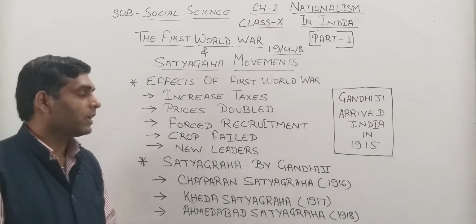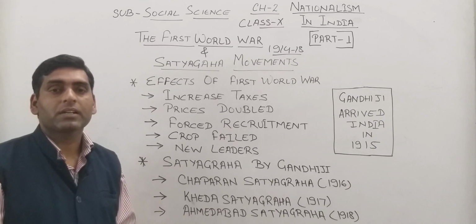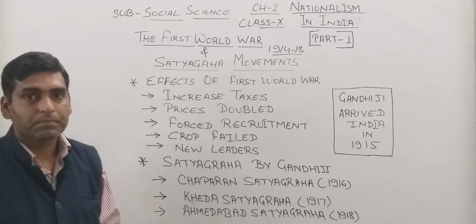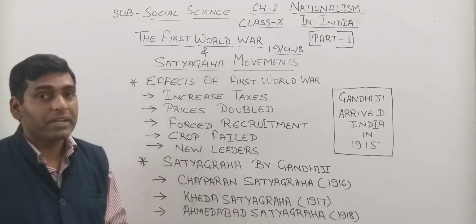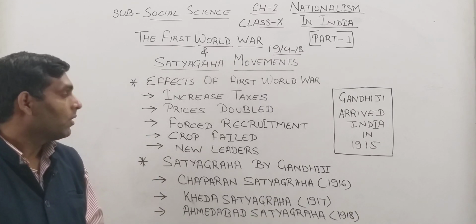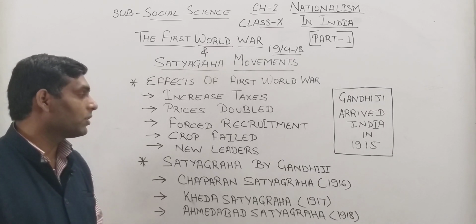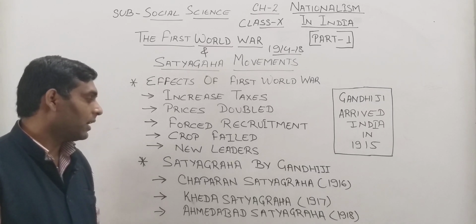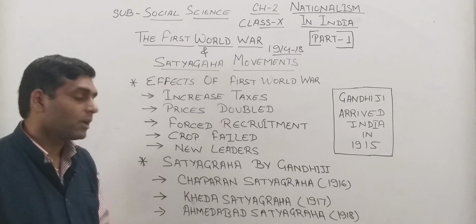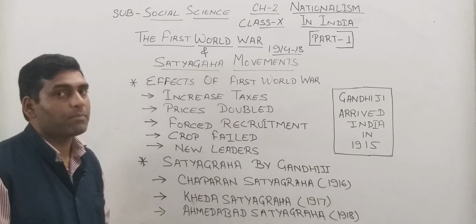After 1915, Gandhiji started many important protests and movements in India. The most important satyagrahas introduced by Mahatma Gandhi are Champaran Satyagraha, Kheda Satyagraha, and Ahmedabad Satyagraha.